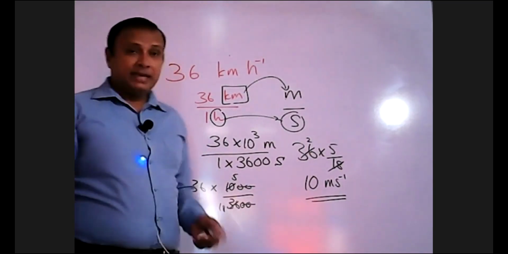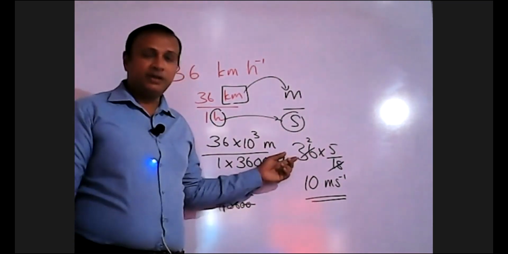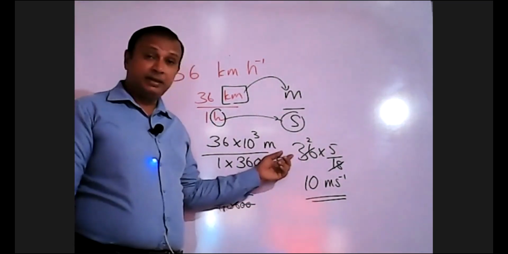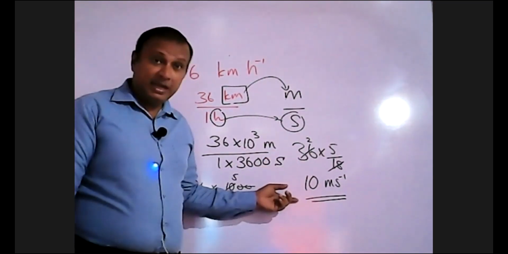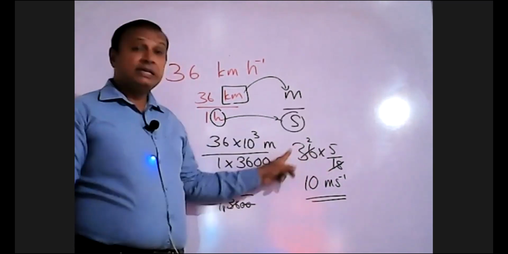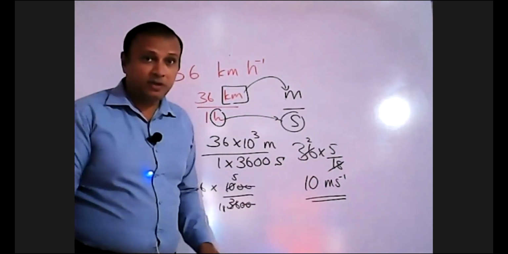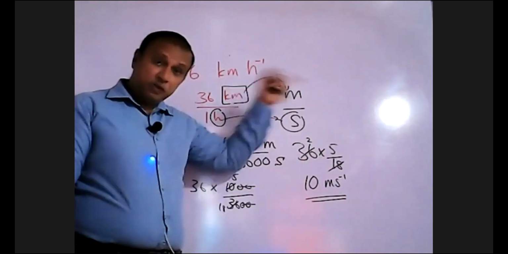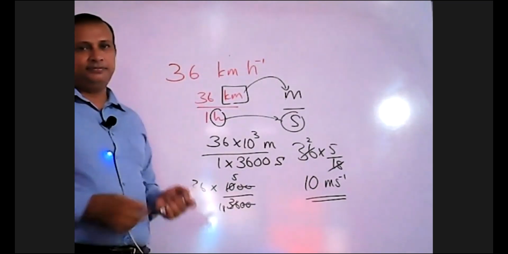When you are doing mechanics, I think you will remember this one. 36 km h^-1 is equal to 10 m s^-1. So 72 km h^-1 is equal to 20 m s^-1. Likewise, you can remember.